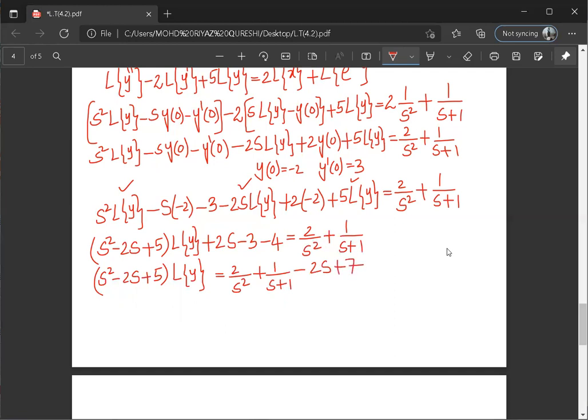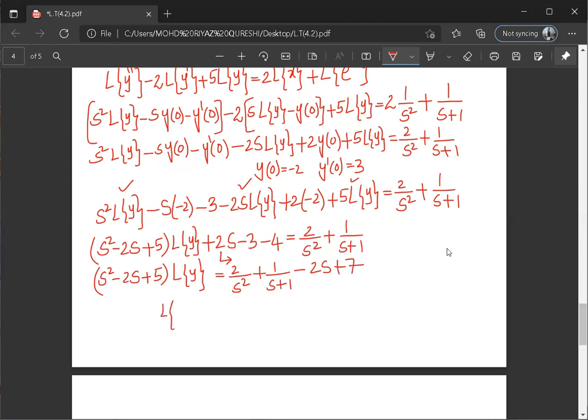Correct? Plus 2s, if you bring that side, I'll put a small arrow, will go that side, becomes minus 2s, and minus 3 minus 4 is negative 7. If you bring that side, it will become positive 7.